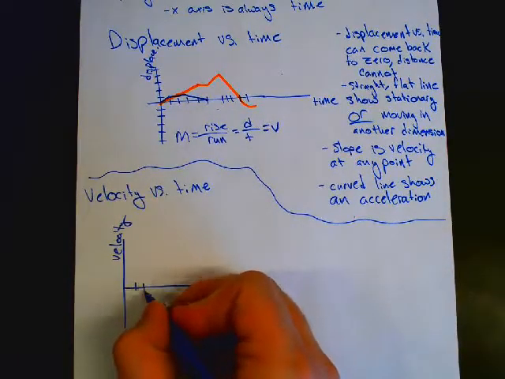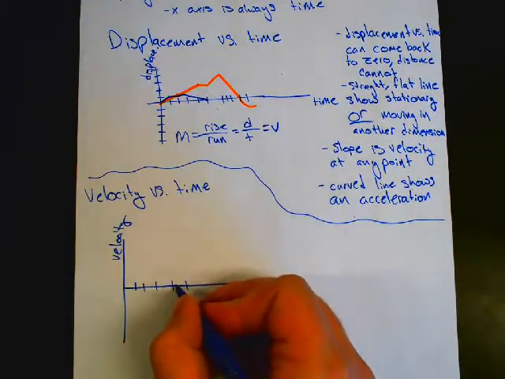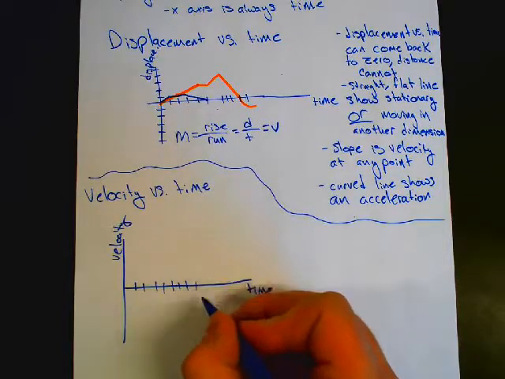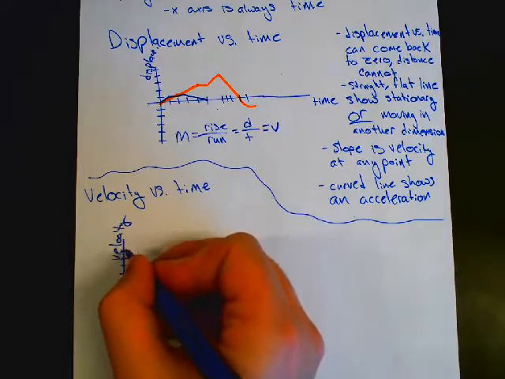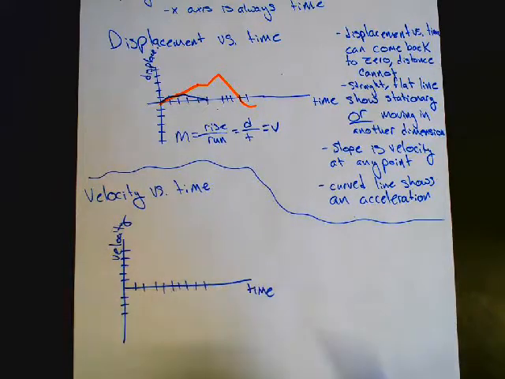And putting in these marks again. All right. How can I find my velocity based on my displacement versus time graph? Rise over run, the slope.